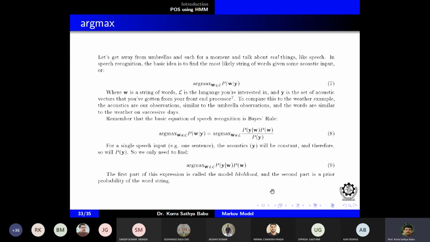For a single speech input, like one sentence, the acoustic y is constant, and therefore P of y is also constant. So for a single input, argmax w belonging to L can be given simply as P of y given w into P of w.